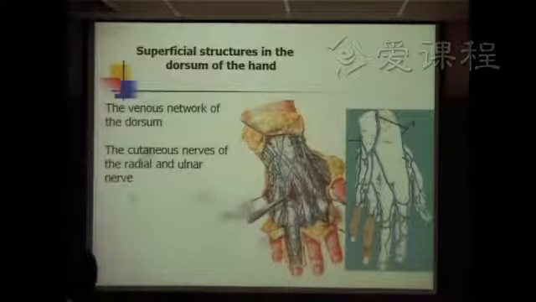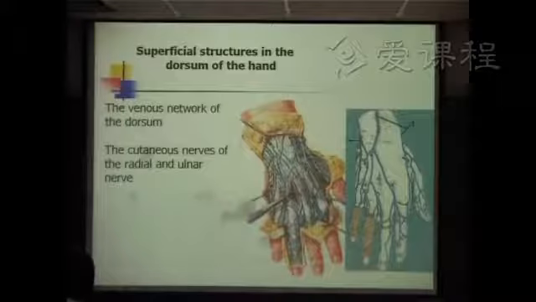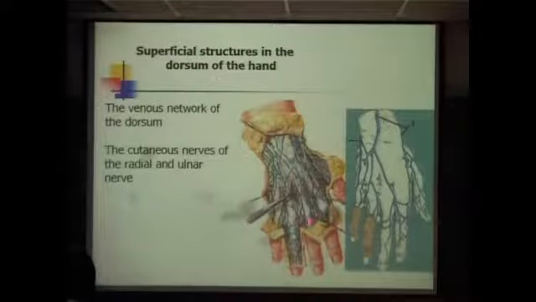Now we move our work to the dorsal of the hand. First of all, we should identify the superficial structures in the dorsal of the hand. In the dorsal of the hand, there are structures like this, the superficial veins. The veins form a network.